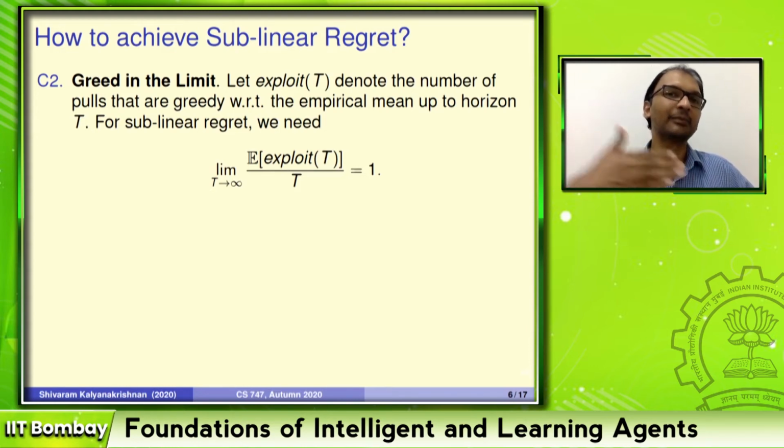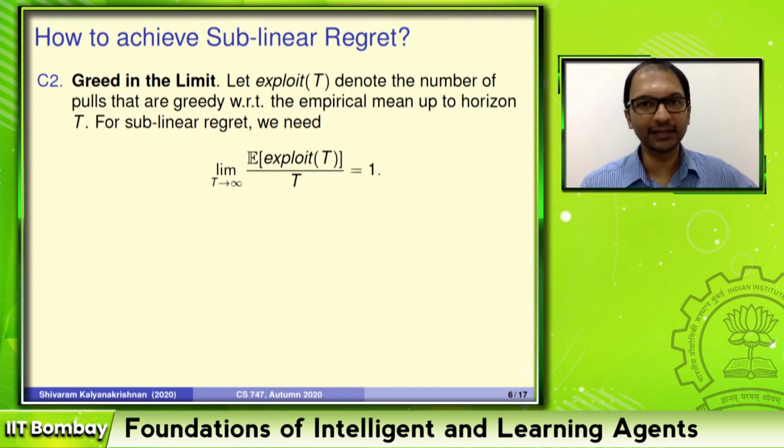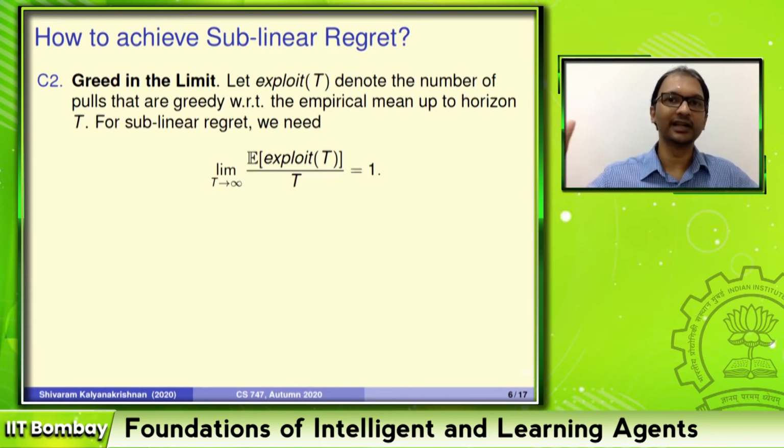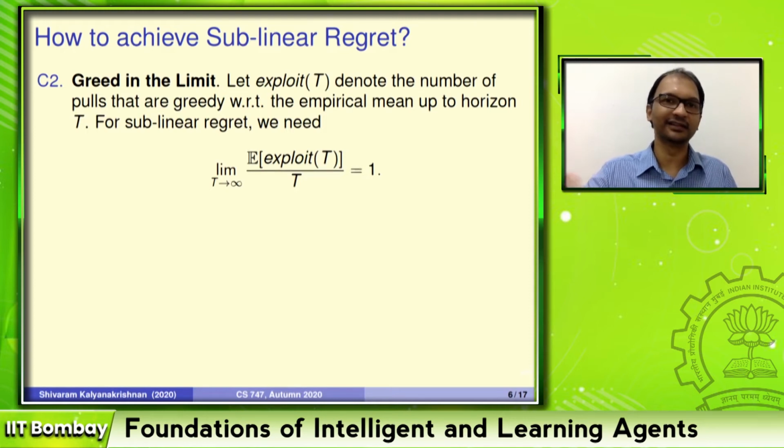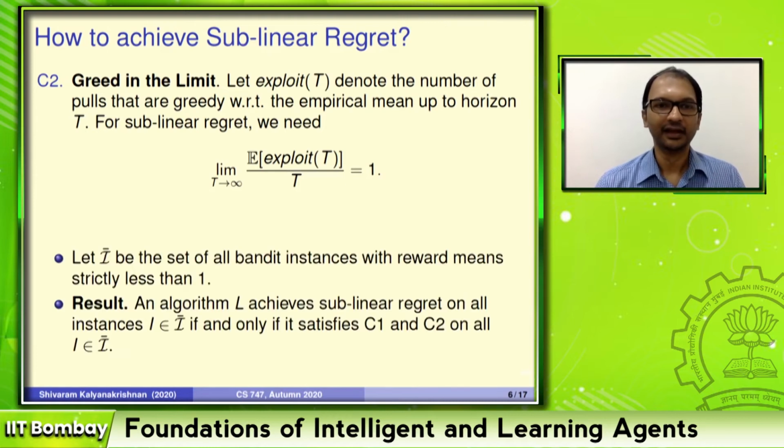Let the number of such pulls up to horizon capital T be exploit of capital T. So what we need is that the expectation of exploit of T divided by T, as we take the limit of T to infinity, goes to 1, which basically means in the limit the fraction of pulls on which you have exploited is 1. And therefore, the fraction of pulls on which you have not exploited goes to 0 as T goes to infinity.